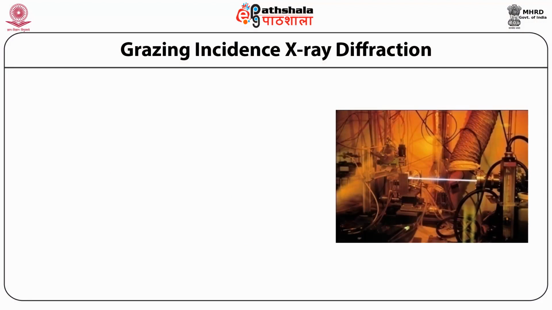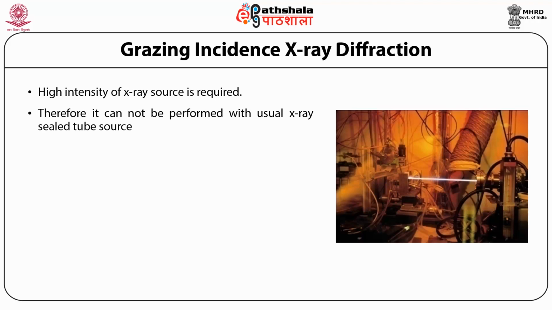On this slide we discuss the basic requirements of GID. A high intensity X-ray source is required first of all, so we cannot do it using normal sealed tube sources. We need highly intense sources.